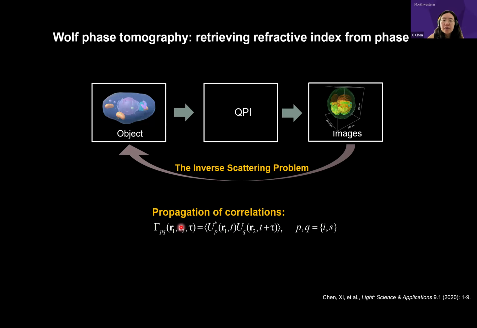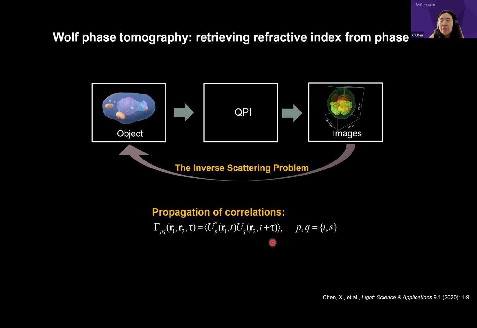This is something we call gamma, a correlation function. It is basically an ensemble average of the product of two electric fields. The indices P and Q here can be either I or S, where I denotes the incident light and S the scattered light.